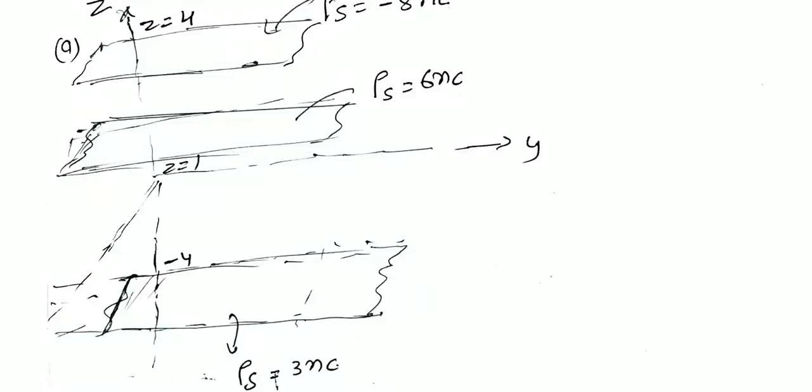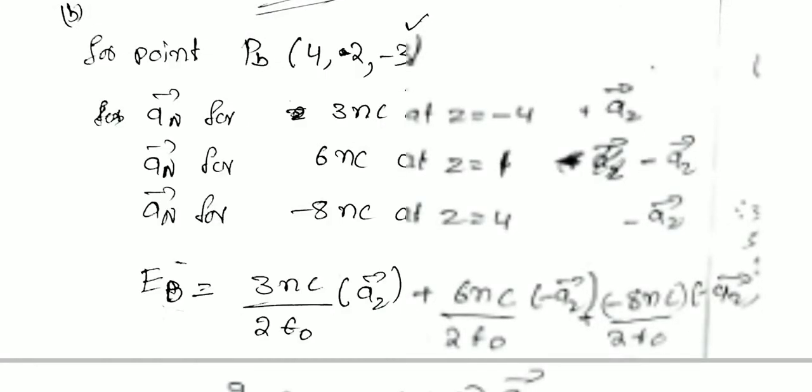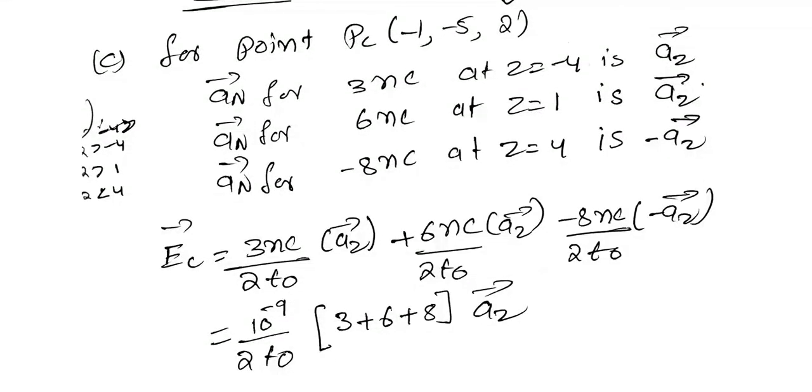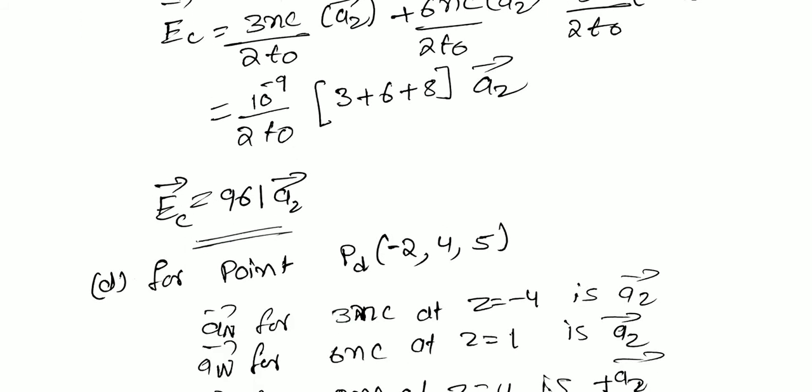So an for two plates is positive and for the third plate is negative. The 3 nanocoulomb is positive, and the one at z equal to 1 with 6 nanocoulomb is also positive, but due to the upper plate, which is present at z equal to 4, it is minus az. Okay, after substituting we will get this as an answer.